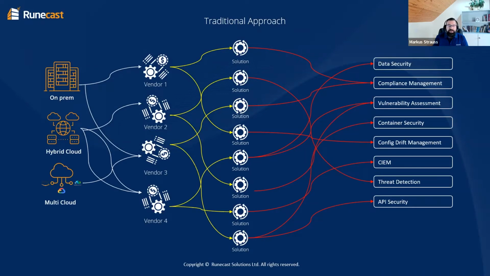And obviously one of the downsides of this, quite obviously, is the fact that in a lot of cases, these different solutions, even if they're from the same vendor, may not talk to each other, right? They may not share information. There might not be any correlation with data points. And that gets even worse, obviously, if they're from different vendors.